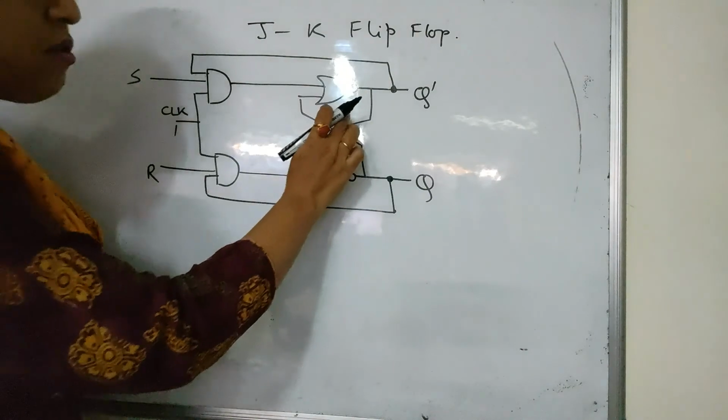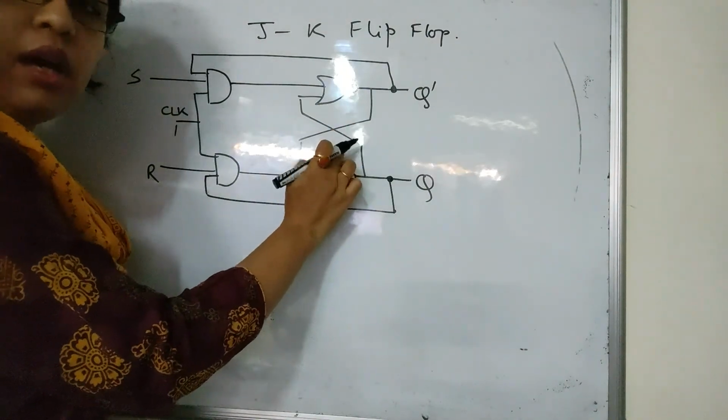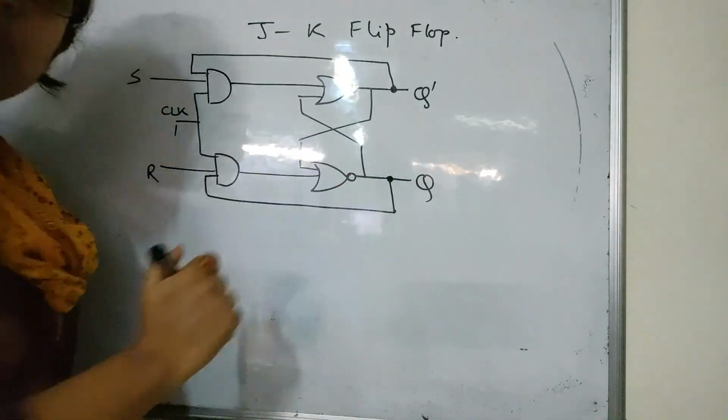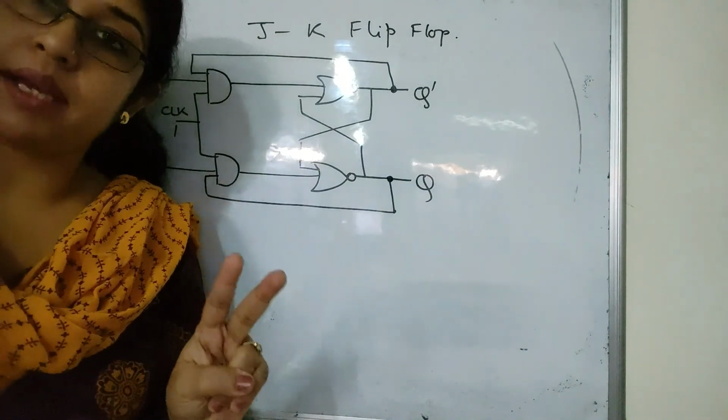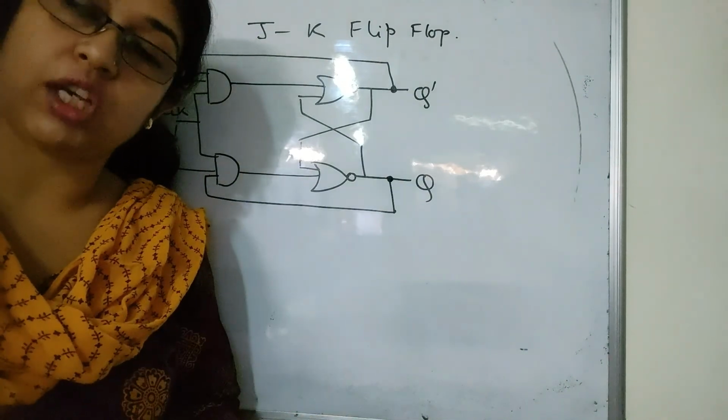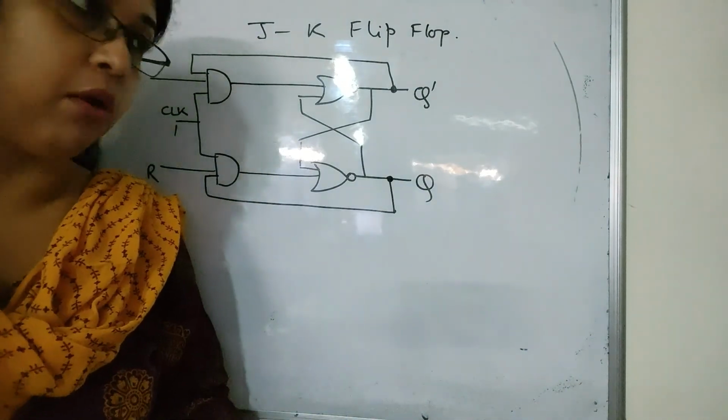One set of feedback line is over here, another set is over here. So there are two sets of feedback lines in case of JK flip-flop, unlike the SR flip-flop.